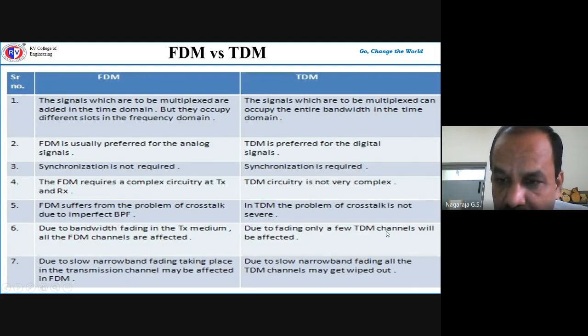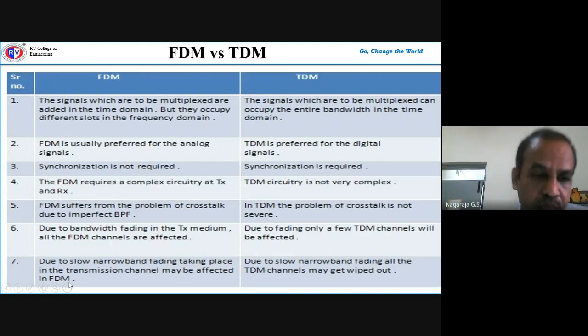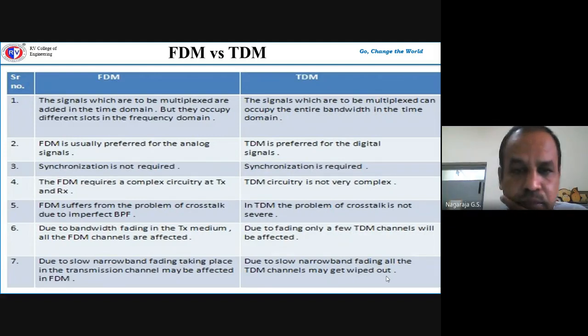Due to fading, only a few time division multiplexing channels may be affected. And lastly, due to slow narrowband fading in the transmission channel, FDM may be affected. Due to slow narrowband fading, all the TDM channels may get wiped out. I think we can go through these points apart from the pictorial representation of FDM and TDM.